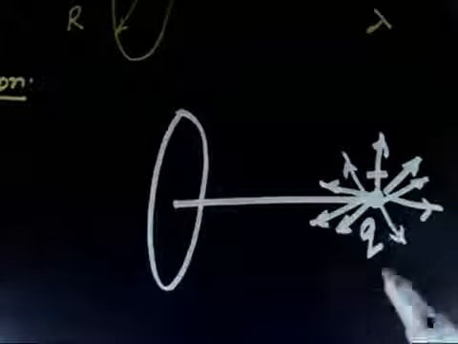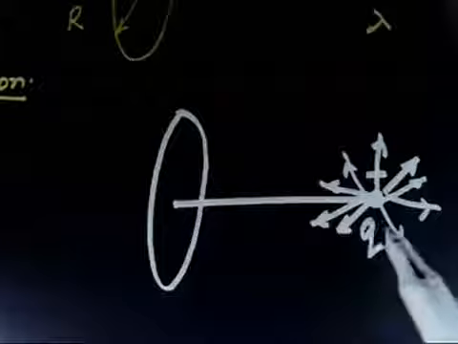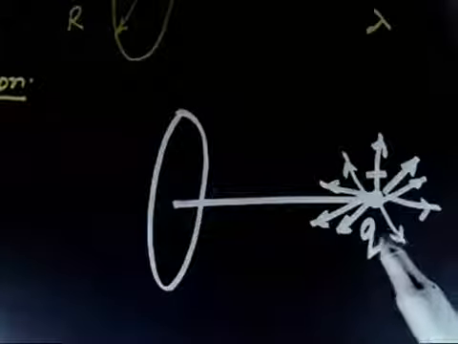If I somehow know the solid angle subtended by this circular area at this point, I can use the unitary method. The solid angle subtended by this ring at this charge is 2 pi (1 minus cos alpha). This we have discussed in the class. Let us say this is your ring and this is your charge here.